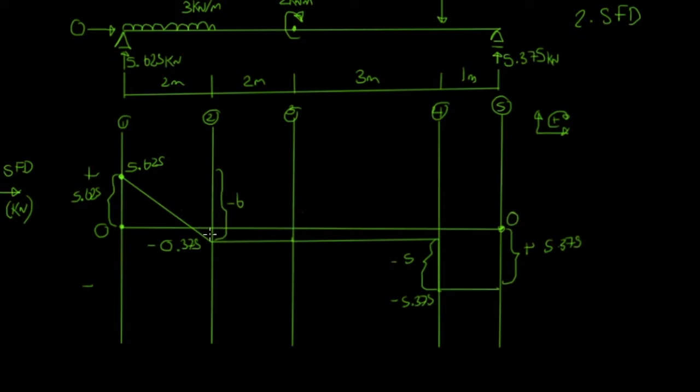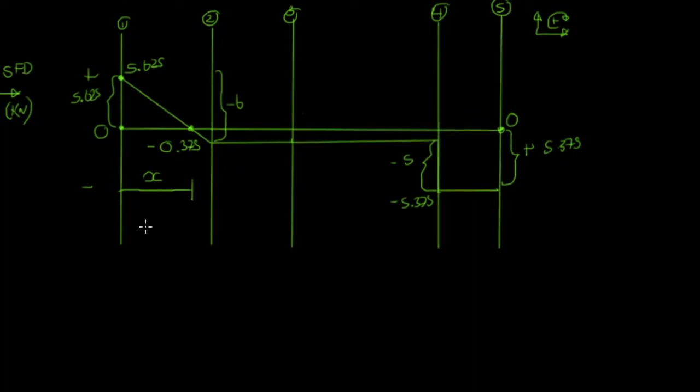So this is what our shear force diagram looks like. We have a point of interest here which will be useful for our bending moment diagram, where our shear force crosses the 0 axis. This means in our bending moment diagram, at this point we're going to have a peak in our bending moment. So we actually need to calculate the distance this is happening from our support A. So that's distance x. We can calculate this quite easily because we know that the total drop is 5.625 kilonewtons, and it's reducing at a rate of 3 kilonewtons per meter.